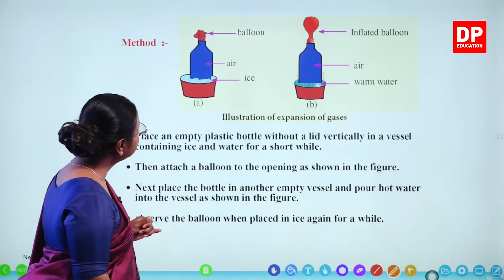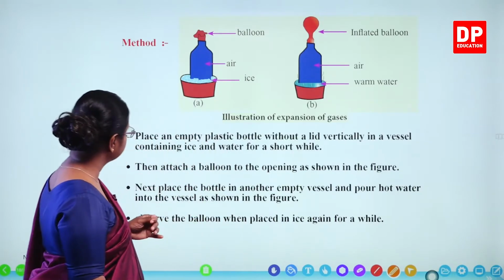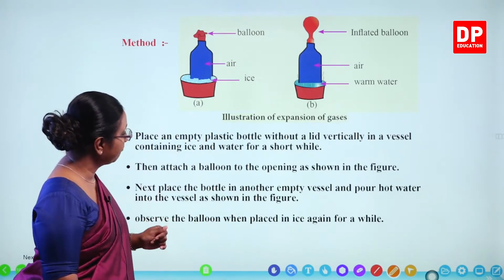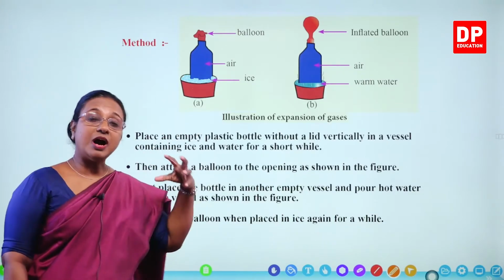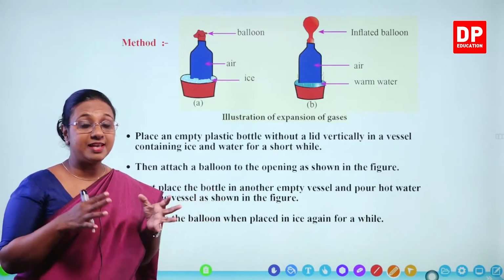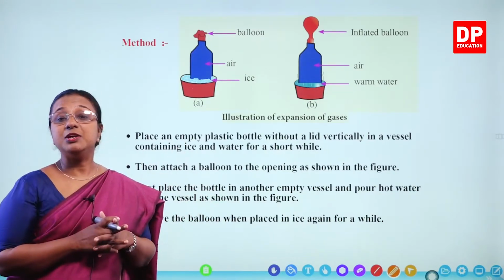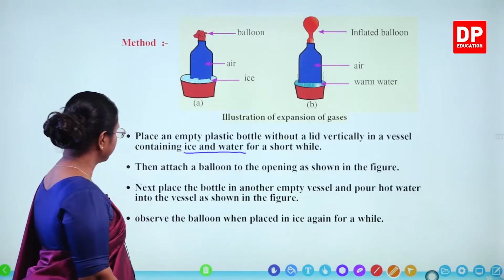So, place an empty plastic bottle without a lid vertically in a vessel containing ice and water for a short while. So, ice and water; you can't have only ice, or even if you have only ice, it's okay. But ice and water means there will be uniform cooling. So here, ice and water for a short while.